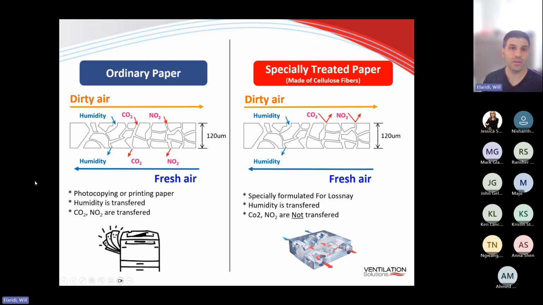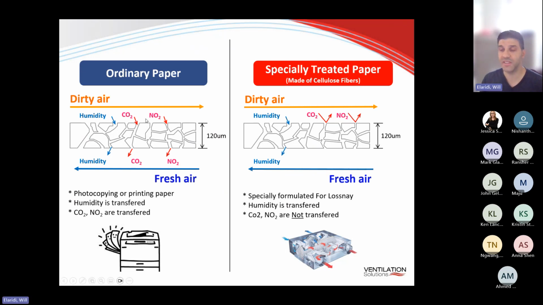Now, looking at the membrane from a molecular level, the concept is using a paper-like material. An ordinary paper, which you see on the left side here, does transfer humidity and temperature. It's like rolling up a piece of paper and blowing hot air into it, and then you feel the other side of that paper getting hot. That's pretty much the concept we're talking about here.